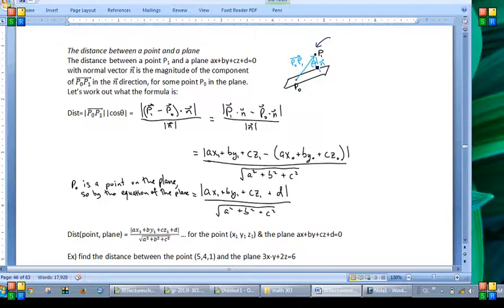So what we want is not the distance between a random point and our point in space, but rather the projection, which means multiply the length of that vector times cosine theta. But we know what that means is that we take the dot product and then divide by the magnitude.